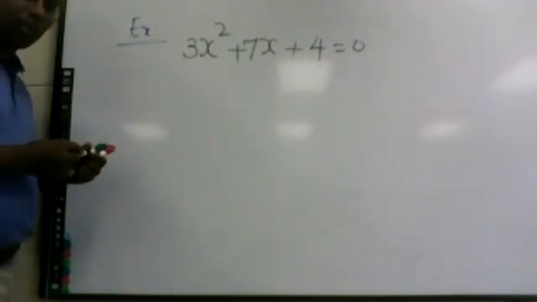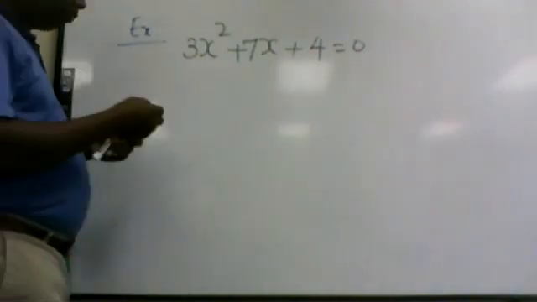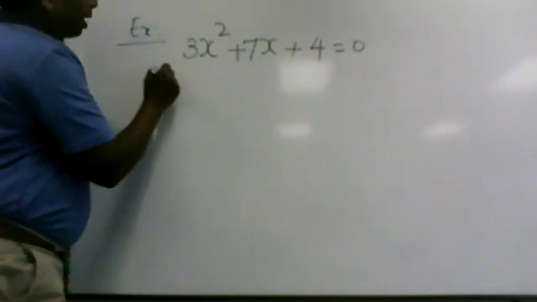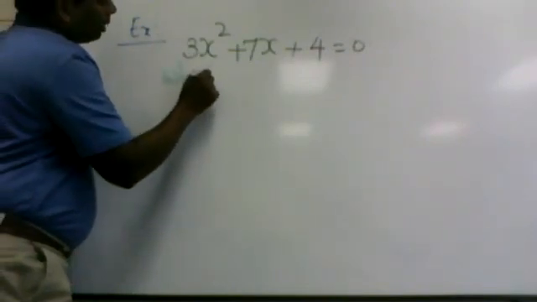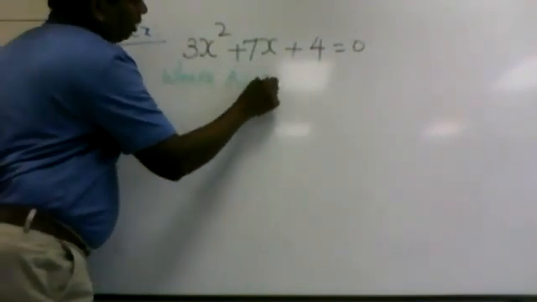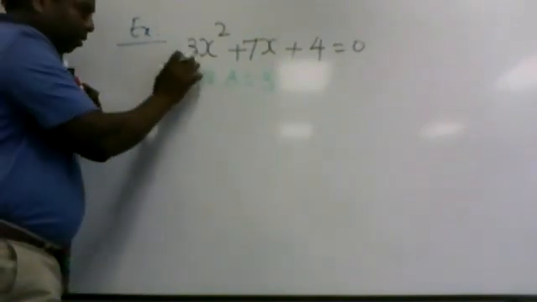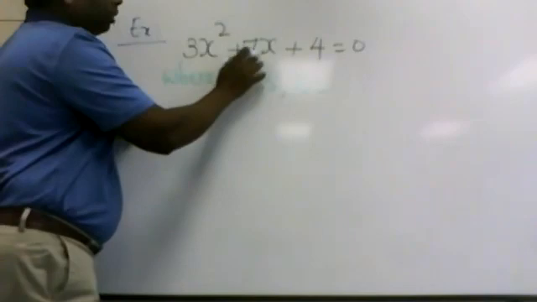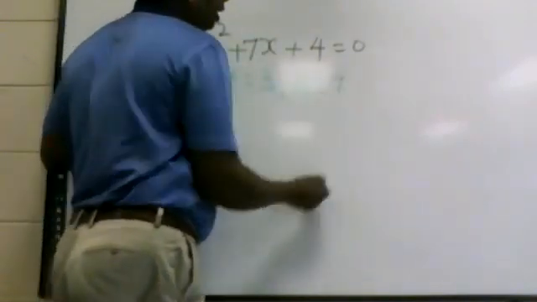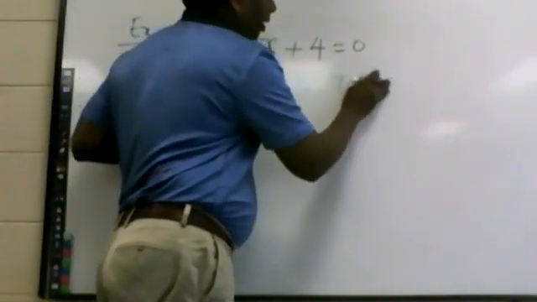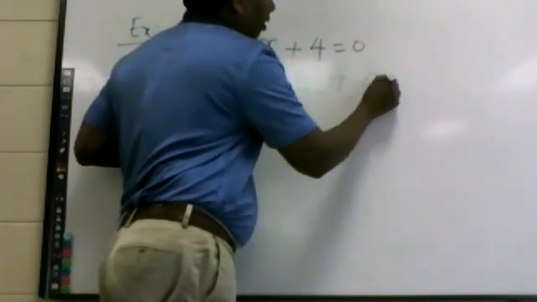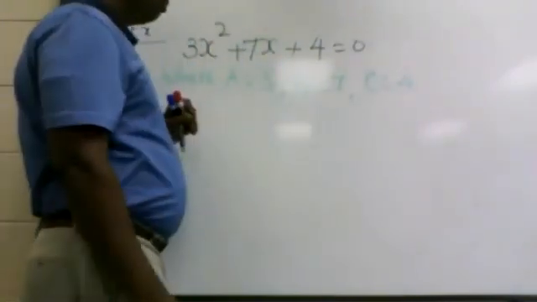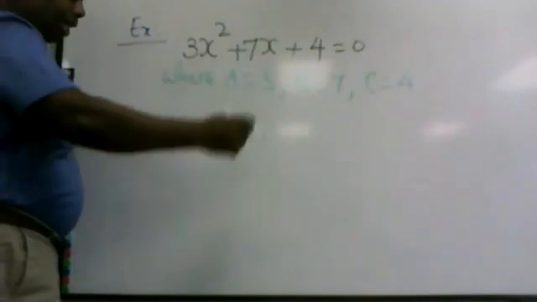In this equation, the a value is definitely 3. The leading coefficient is 3. The coefficient of x is 7. The last one is the constant, which is definitely 4. So I have picked up all the a, b, c values.